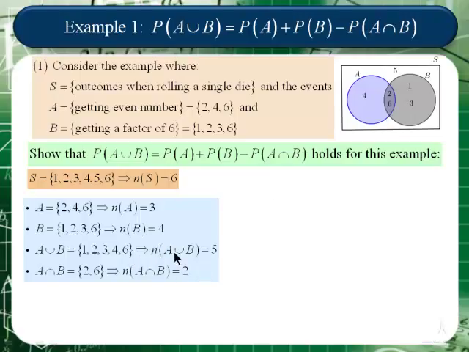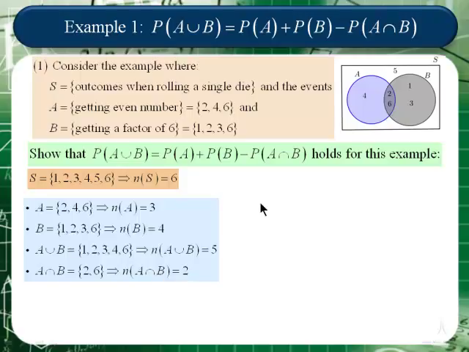So the cardinal number of the union of the events A and B is 5. And in a similar way, the intersection of the two events, in other words, the event where the elements belong to the event A and the event B, that was the set 2, 6. So therefore the cardinal number of that is 2.